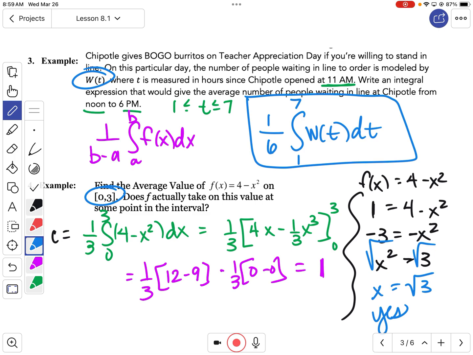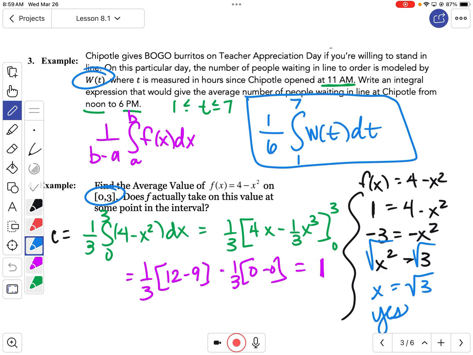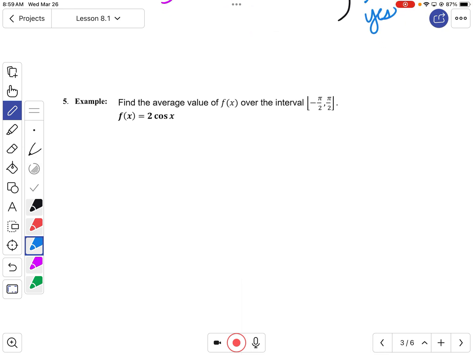Okay, all right, let's look at another one. Let's look at this one. Y'all do this one. This one just wants you to find the average value.